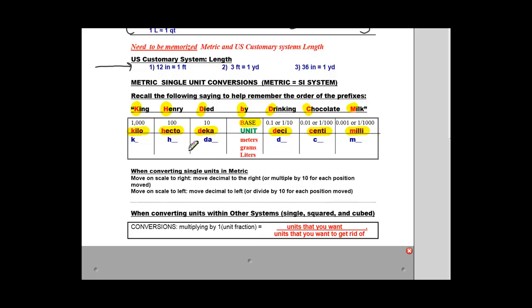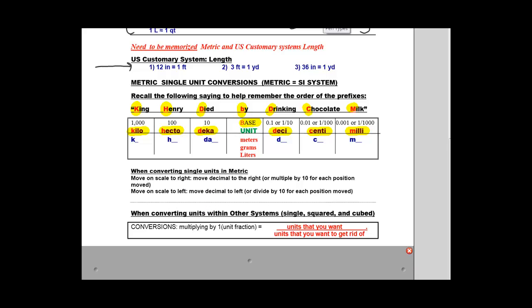And then as we convert from one to the other, if you move on the scale to the right, you're going to move the decimal to the right. And as you move to the right, you're multiplying by 10 for each position. And if we move from one unit to another and we're moving left, we would move the decimal place to the left. And that would mean that we're dividing by 10 for each position moved.